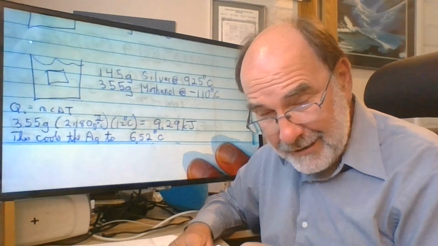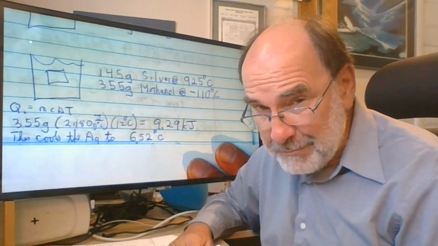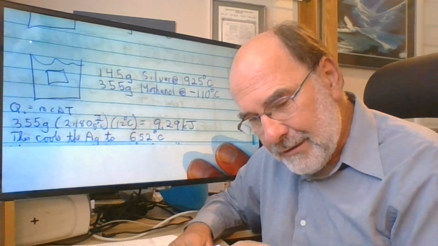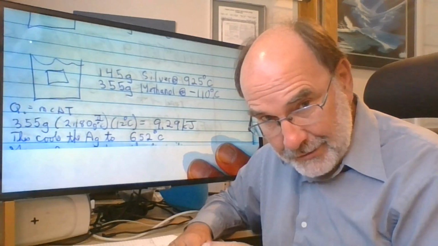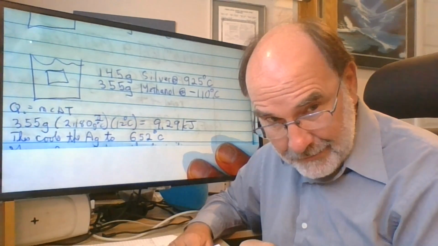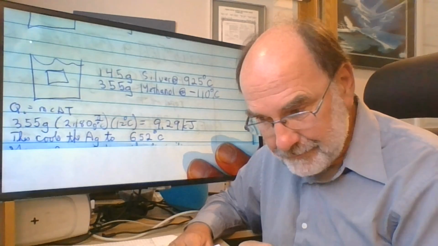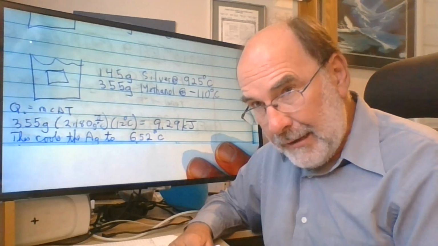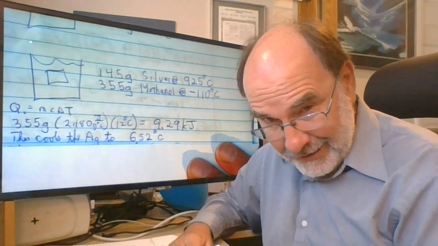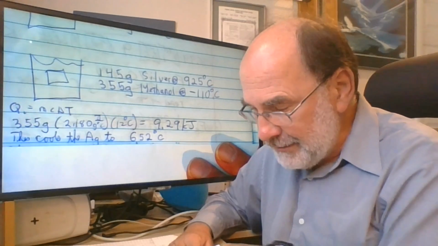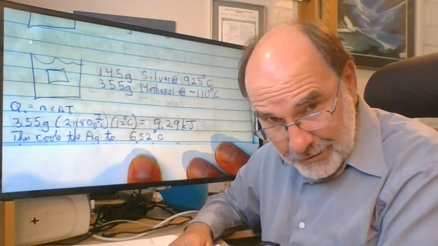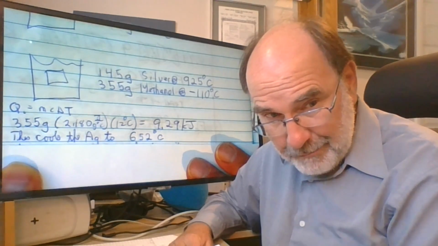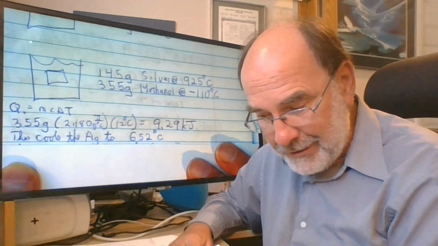So based on that, my next expectation was, I suspect that the silver can't melt all of that methanol. So I took the calculation and said, how much heat energy could I extract from the silver that's starting at 652 degrees Celsius if I cooled it all the way down to the boiling point of methanol?